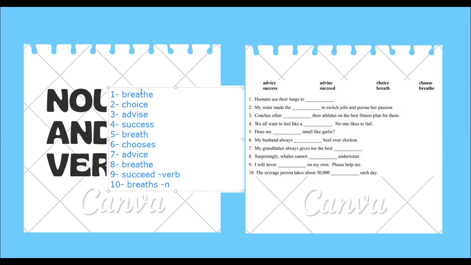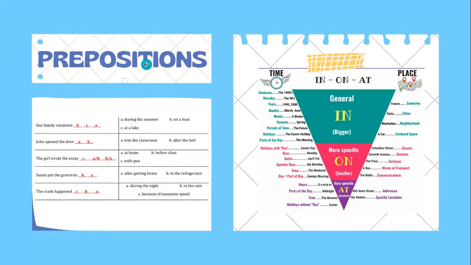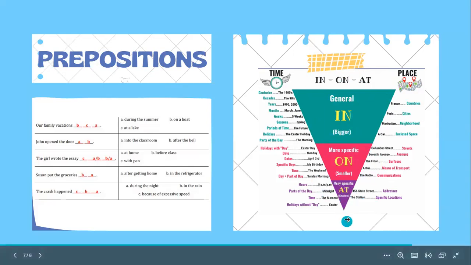Now that was it. Let's look at our last topic, prepositions. All of us know that there is in, on, and at. It goes from the general to more specific and very specific.